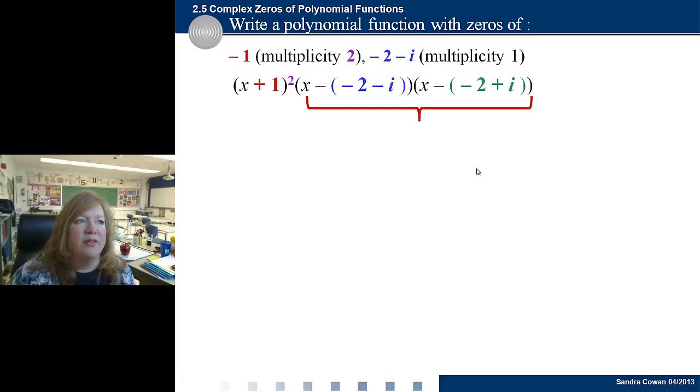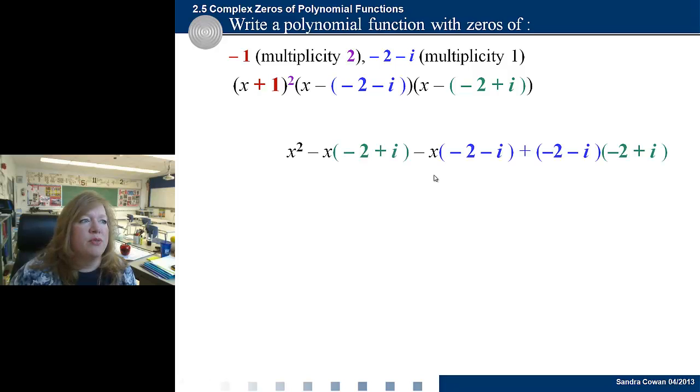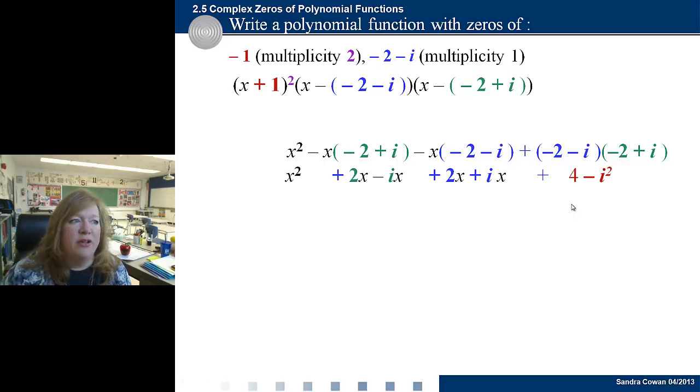Then FOIL it out. It's going to take you a minute, but take your time with it. So on this one, here's what you would end up with. I would take x times x and x times the greenie, and then this x times the bluey. So you've got these, and then (−2 − i) times (−2 + i). Combine all your like terms.